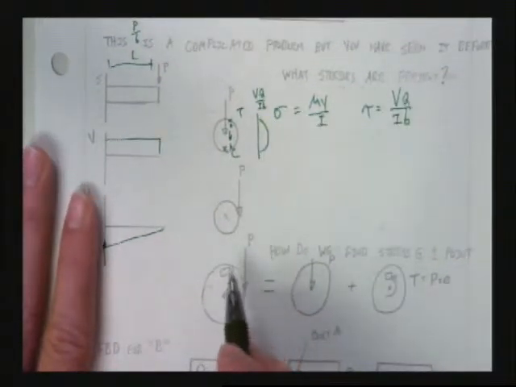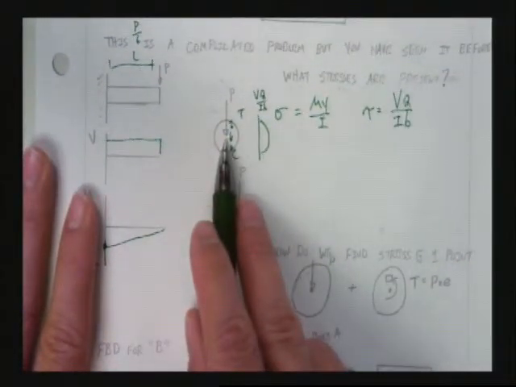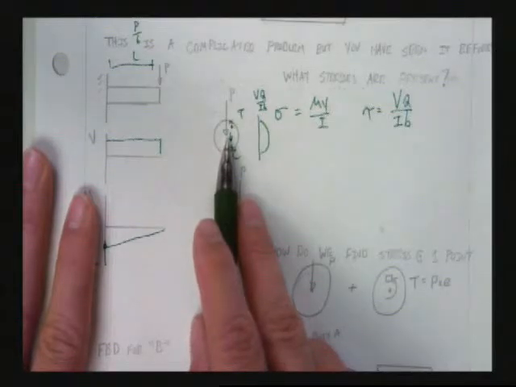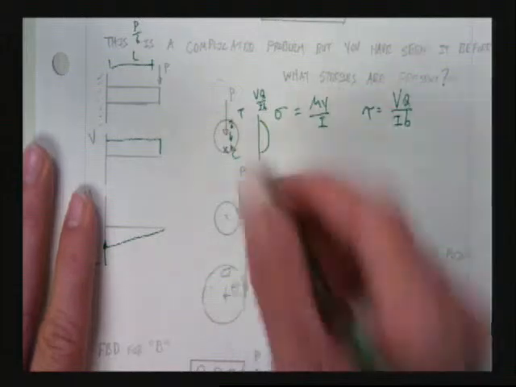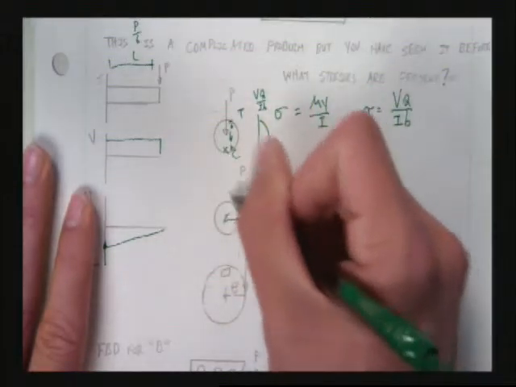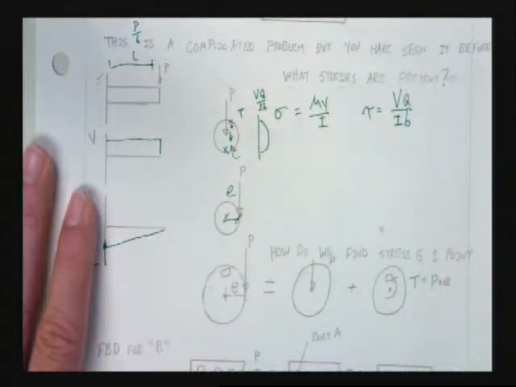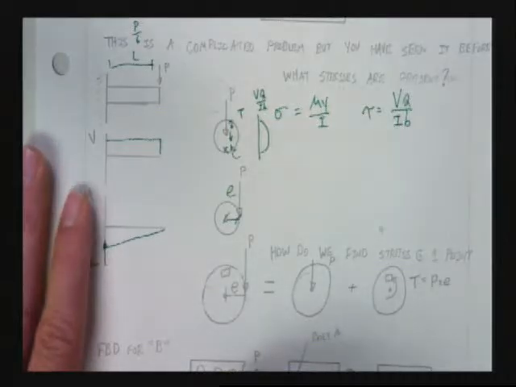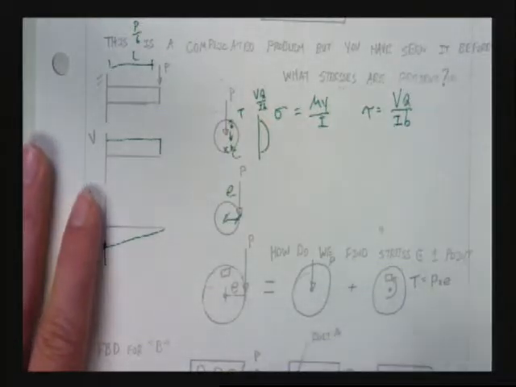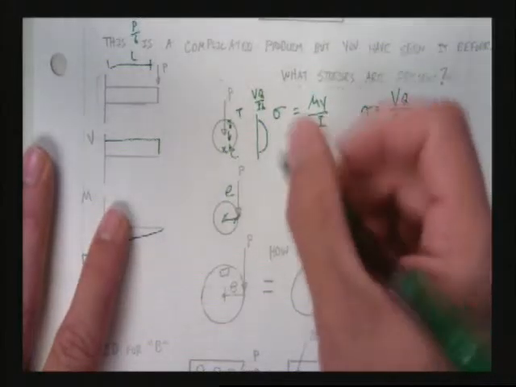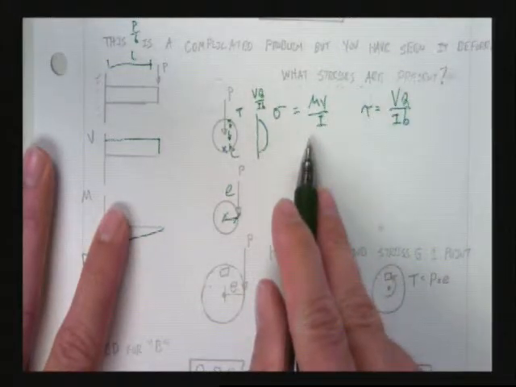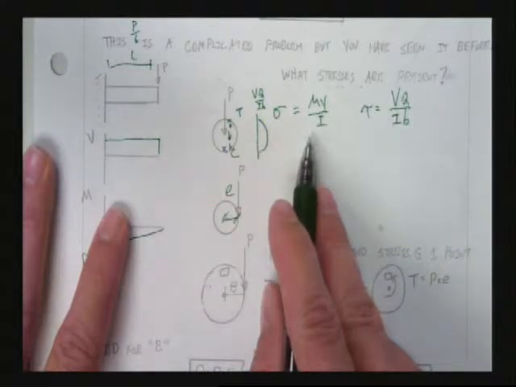What happens if, instead of loading in the center of my circle, my tube, my bar, I move it off to the side? You get torsion. Exactly. So, are we still going to have bending? It doesn't go away just because the load goes to the side.